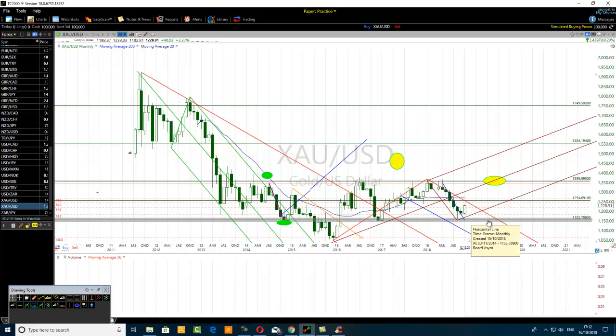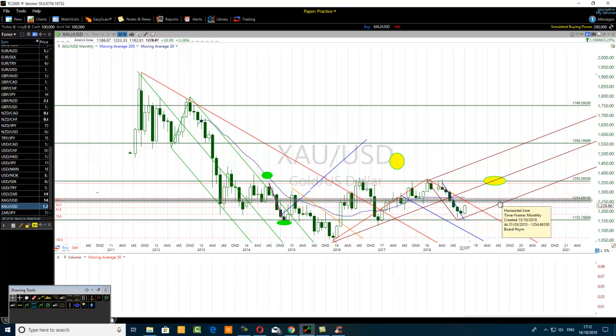So that's the low, 1153.78. Median line 1254.69. Top 1355.59. So you see, people bought it here. They are taking it to the midpoint target at 1254.